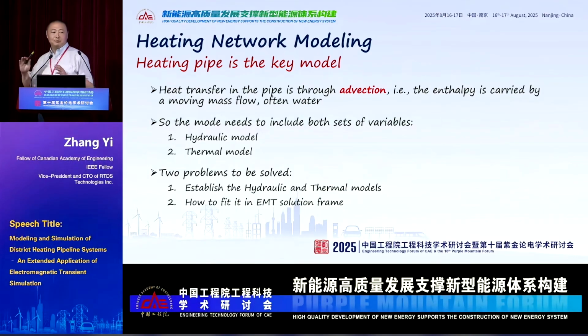People put heated water, warm water or hot water, in the pipe, and the water itself carries the energy. This is called advection. So the model needs to include both sets of equations. One is hydraulic, the water flow. The other is the thermal model, the enthalpy or heat energy transmitted in the pipe. This is a pretty interesting question.